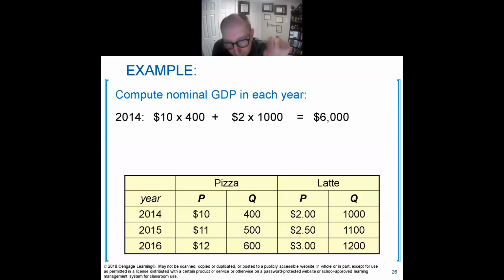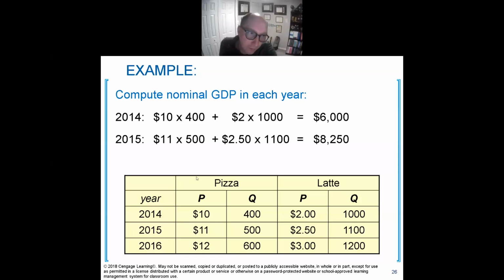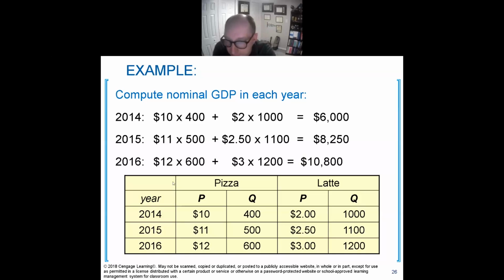We take price times quantity plus price times quantity for each individual product. For 2015, nominal GDP was 8,250. For 2016, it was 10,800.